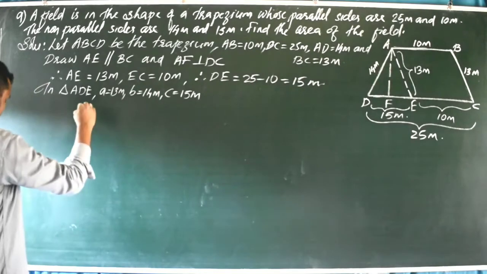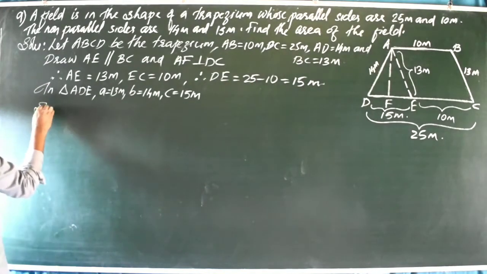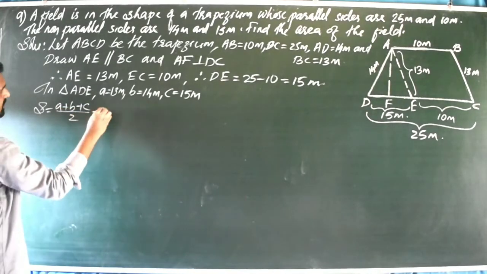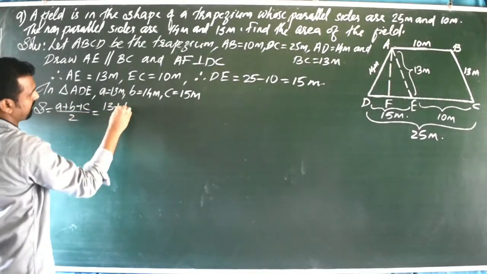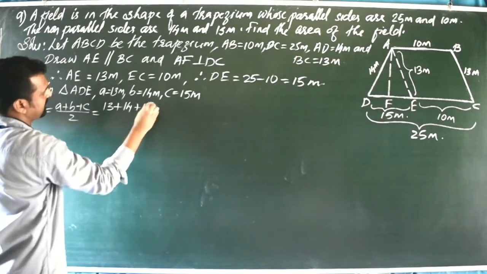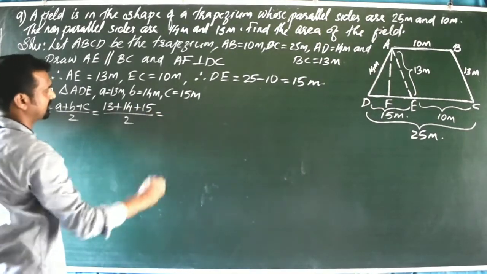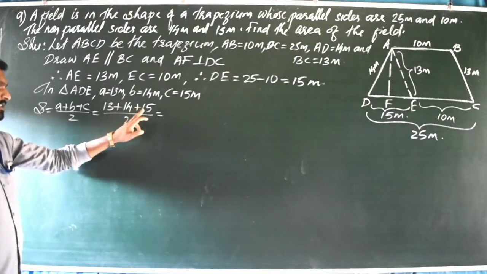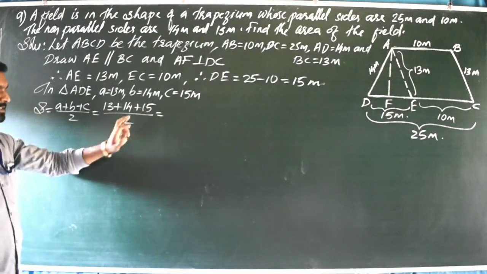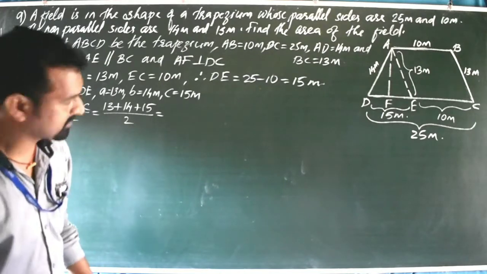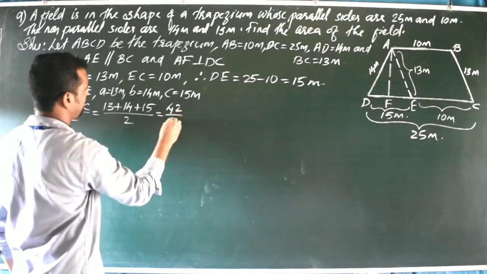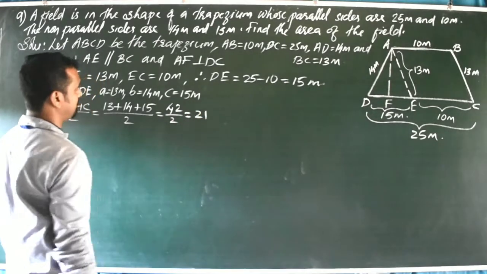Now find out the semi-perimeter. s is equal to, what is the formula? a plus b plus c divided by 2, that is equal to 13 meter plus 14 meter plus 15 meter divided by 2. 13 plus 14, 27, 27 plus 15, it will come 42, 42 divided by 2, that is equal to 21.